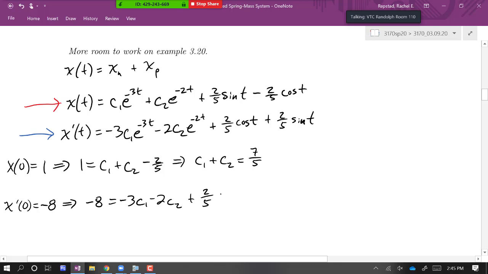Great. So I could rewrite this to say 3C1 plus 2C2, if I throw those over on the other side, and then add 8 to both sides. So 8 is 40/5 plus 2/5 is 42/5.